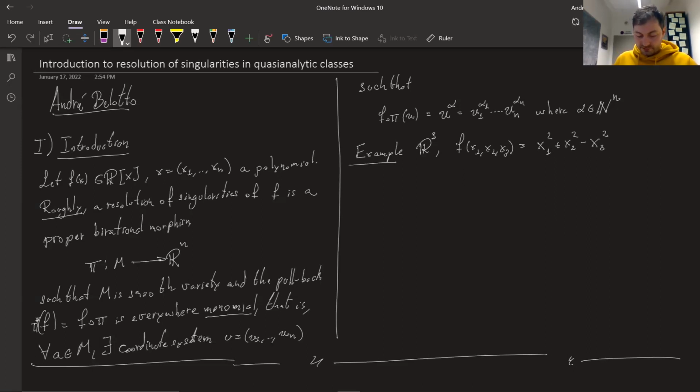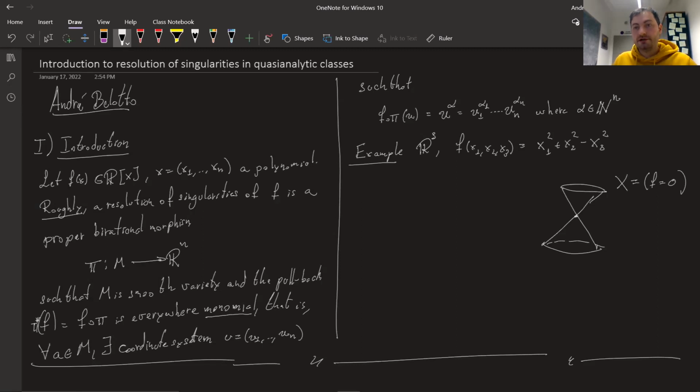One thing that you might have noticed is that when we're talking about the resolution of singularities of f, we're really singling out the zero level set of f. This is the level set we are interested in. So in this case, the zero level set is an algebraic set, which is a cone here. This is X given by f equals 0.